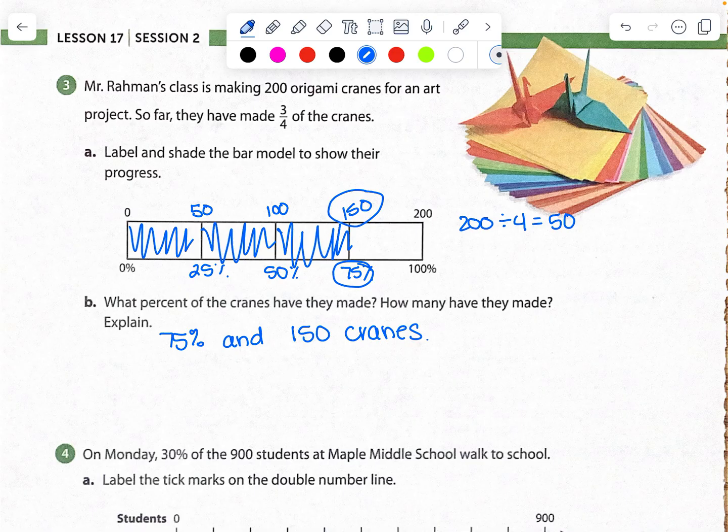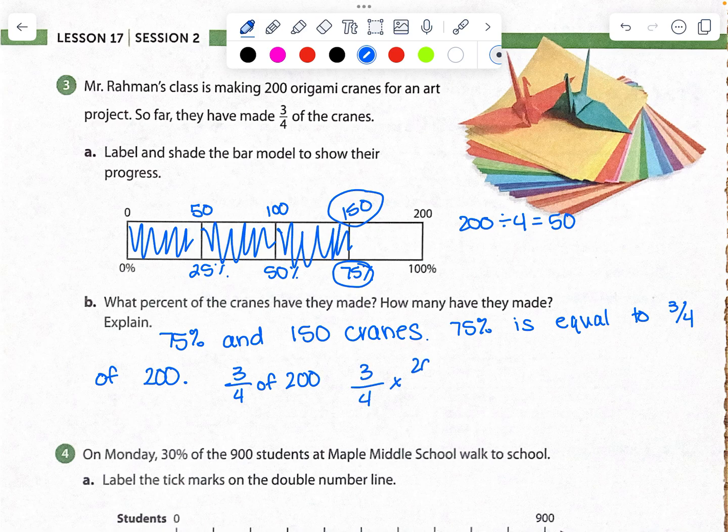Explain. So how do we know that? Well, we know that 75% is equal to 3/4 of 200. And how do we know that? We can do that by a couple things. Whenever you're doing 3/4 of a number, that's the same as multiplying it by 3/4. So we could do it like that.